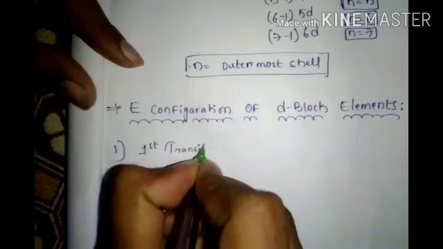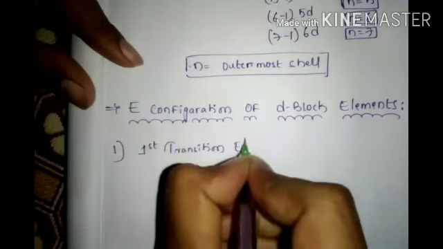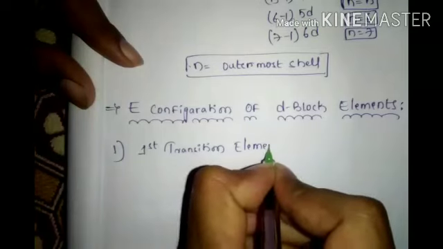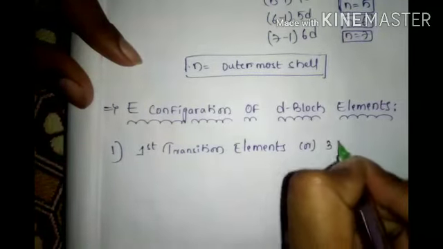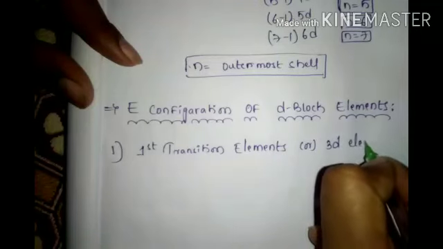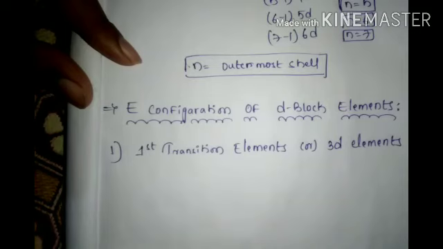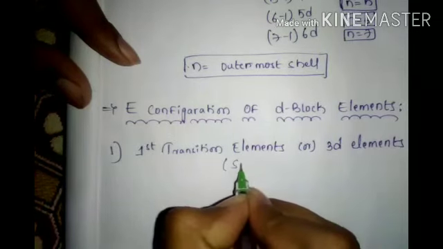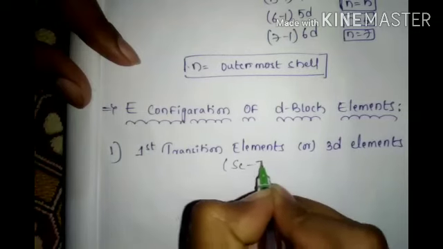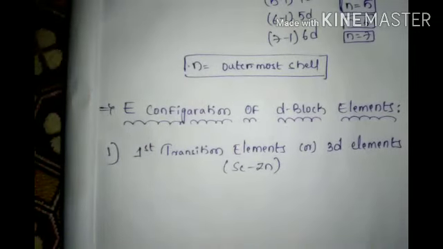First transition elements are 3d elements. 3d elements are in the bracket Sc to Zn series.